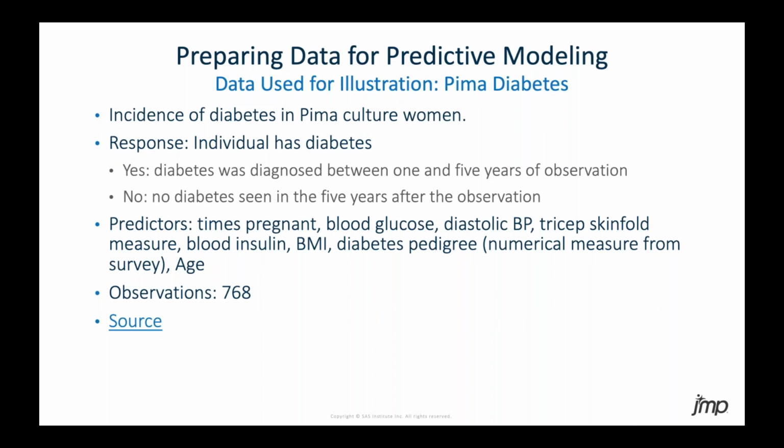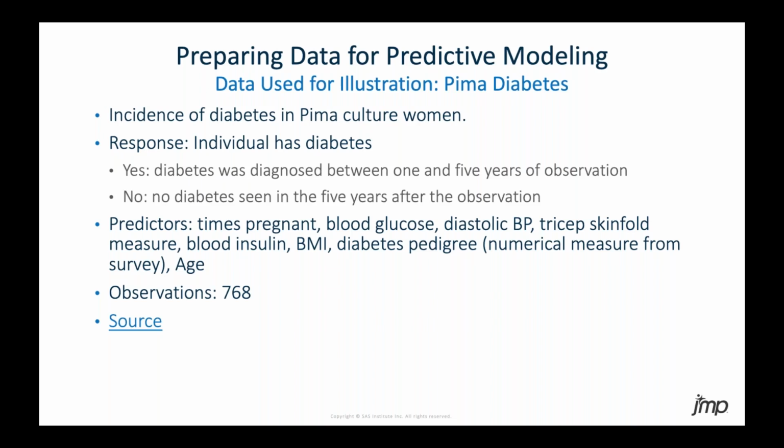In this case, a very small data set in the sense that I only have about 8 or 9 columns of data. My response is whether or not the person has diabetes. So an answer of yes is that diabetes was diagnosed between 1 and 5 years after the data was observed. So again, we collect the data, and then between 1 and 5 years later, we indicate whether or not that person has diabetes.